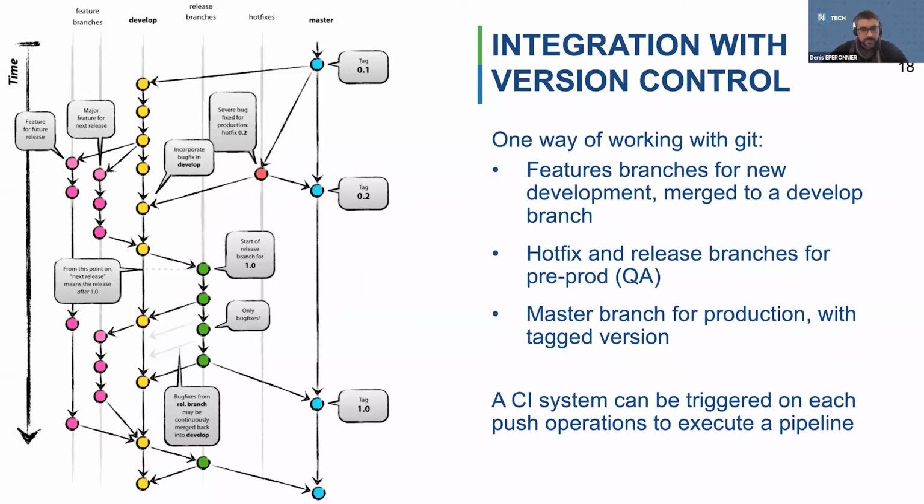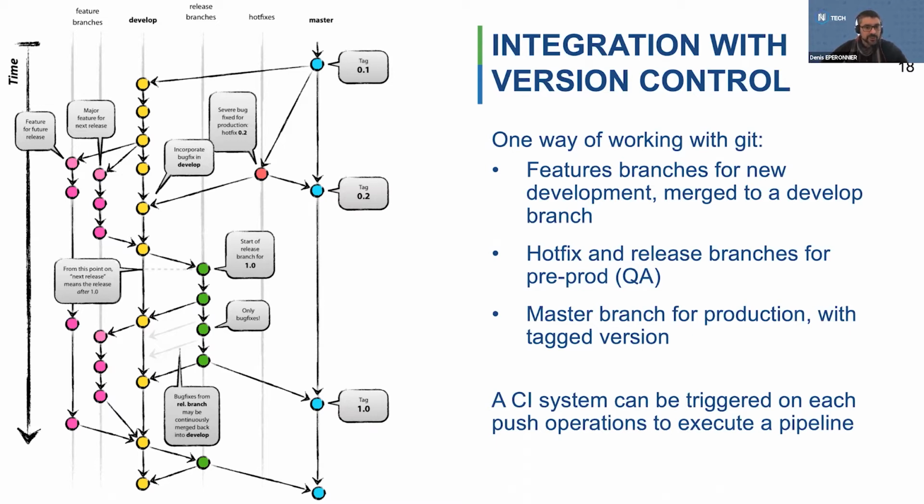Here's an example with Git. This picture shows you the different branches. From left to right, you have feature branches in which developers work and commit their changes. A merge request is then performed, and the result goes to the develop branch.